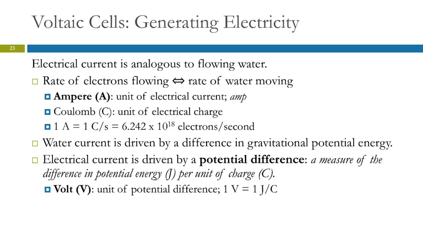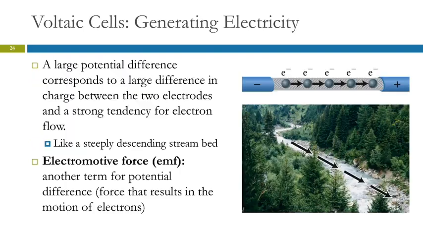That current is driven by a difference in potential energy, and we measure that using volts. Abbreviation is capital V. A volt is 1 joule per coulomb. So let's explore this analogy.